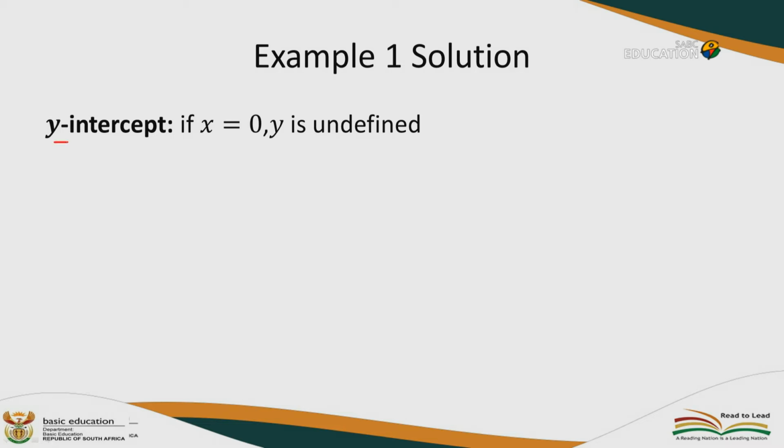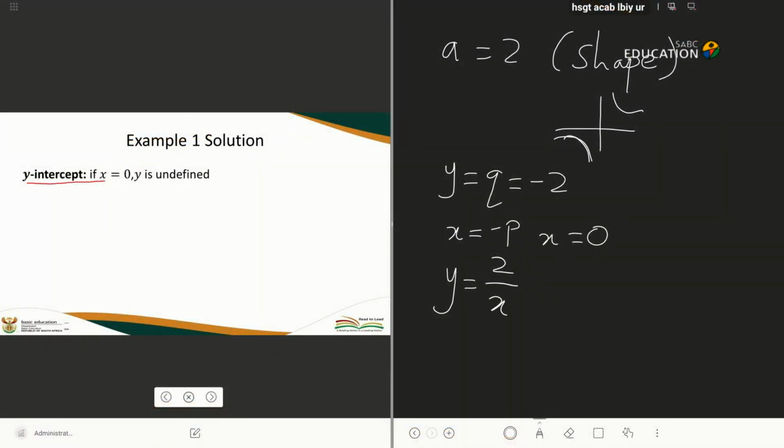So now let us look at the y-intercept. If we go back to our equation, y equal, I think that was 2 over x minus 2. To calculate the y-intercept, you need to let x be equal to 0.